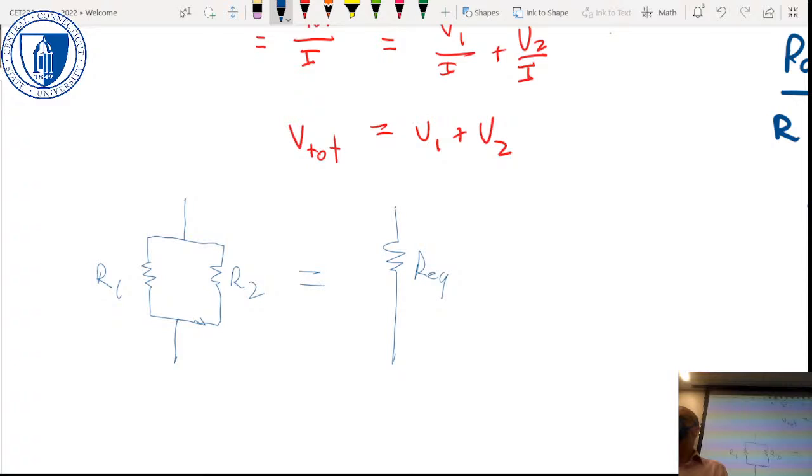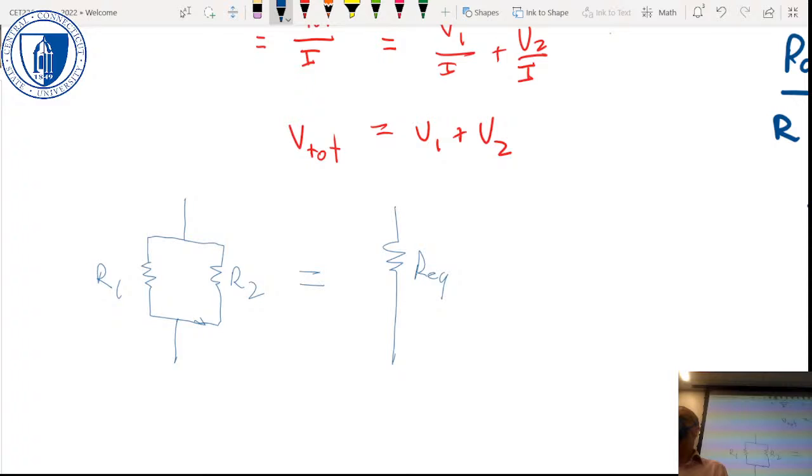Here's R3, they uniquely share a common node, right, there's our common node, nothing else is coming into that node, so they're uniquely sharing it, so we can just add the resistances. Then let's go back to yellow colour.